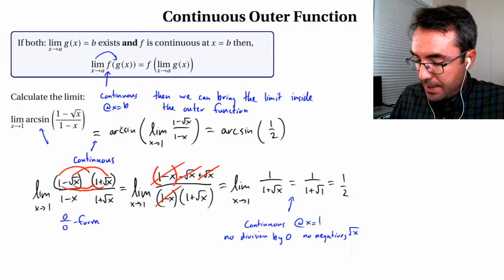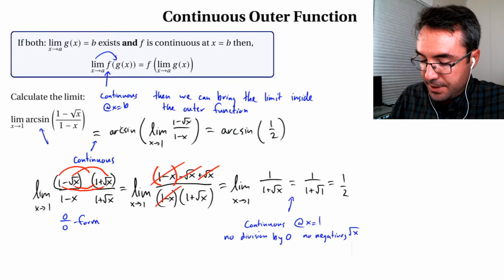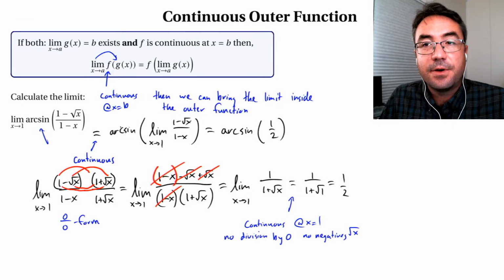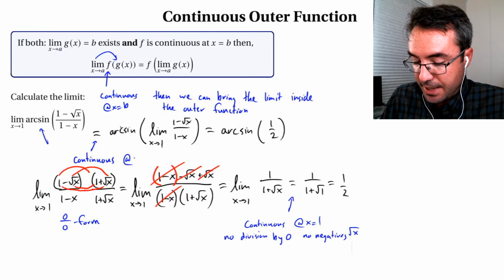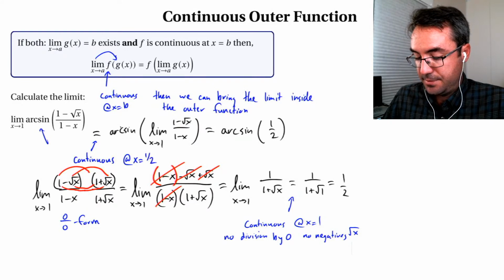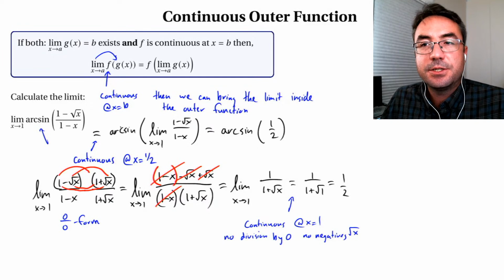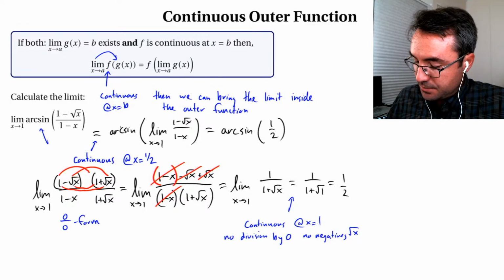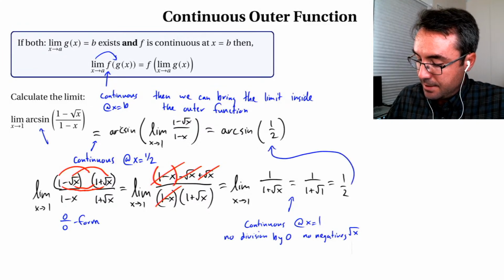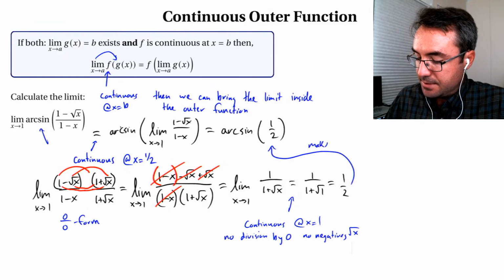The only thing we want to make an extra note about is that our arcsine function is continuous at x equals 1/2. That's the only thing you need to check: does this result, when you plug it in, make sense?